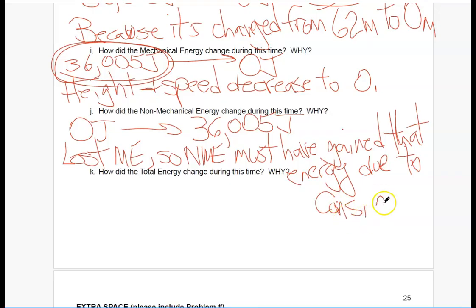Running out of room here. Conservation of energy. I'll just abbreviate energy that way.